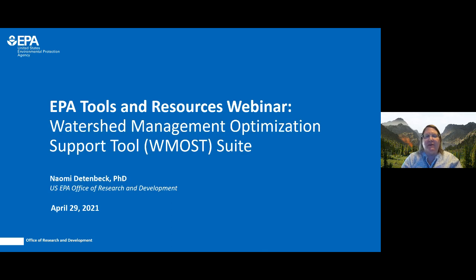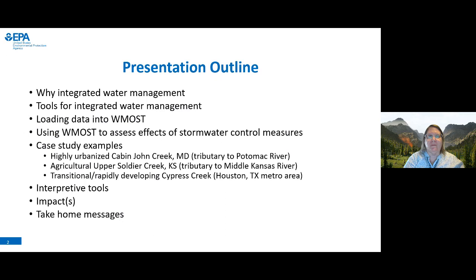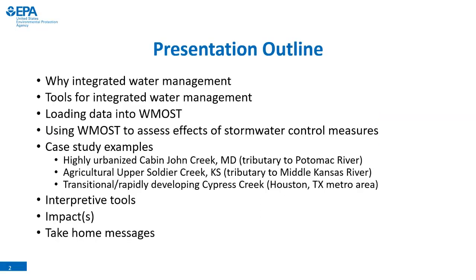As Lisa mentioned, I'll be discussing a suite of tools associated with our Watershed Management Optimization Support Tool, or WMOST for short. I'll start out by talking about the importance of integrated water management and provide an overview of the tools we've developed to facilitate integrated water management. Then briefly review the processes for loading data into WMOST and using it to look at the effects of stormwater control measures in reducing stormwater runoff and pollutant loads.